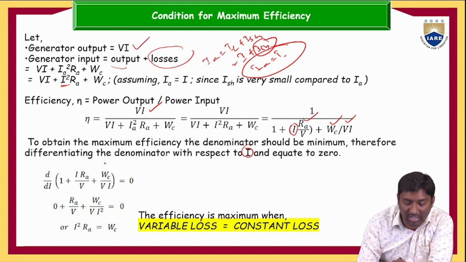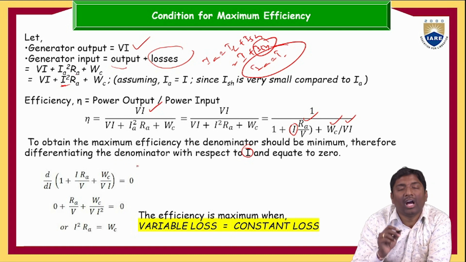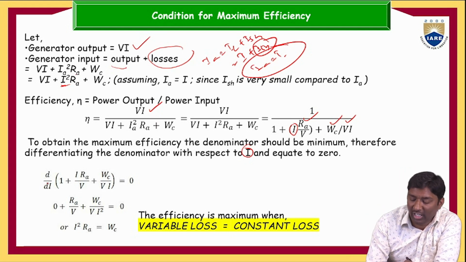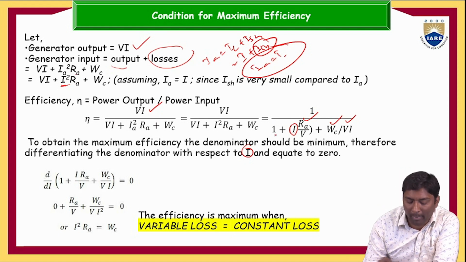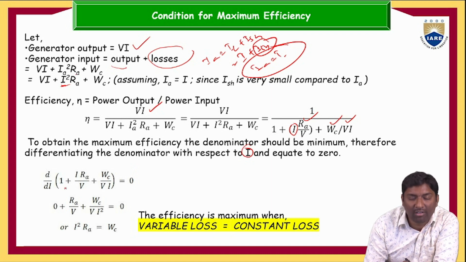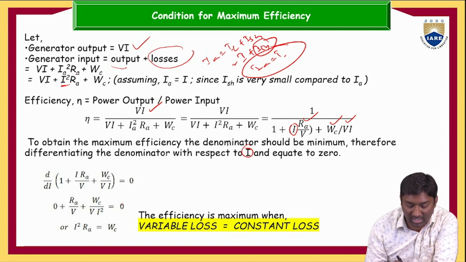That is d by dI of 1 plus I Ra by V plus Wc by VI is equal to 0. Differentiating, I get 0 plus Ra by V minus Wc by VI square is equal to 0.